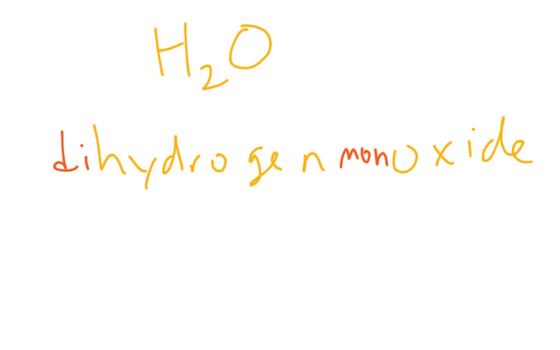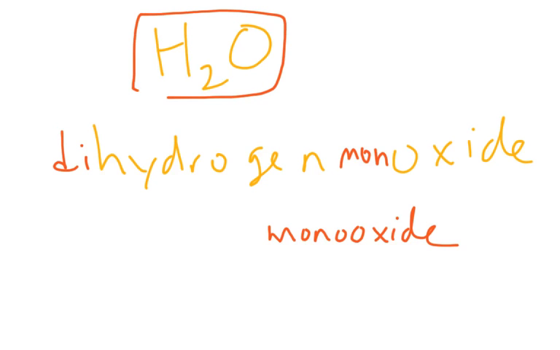And the reason I'm using mon instead of mono for the oxide is because you never want 2 oxygens in a row. And you'll notice it sounds really weird to say monoxide. So that's why it's just monoxide. So even though the common name for this is water, the technical name is dihydrogen monoxide.